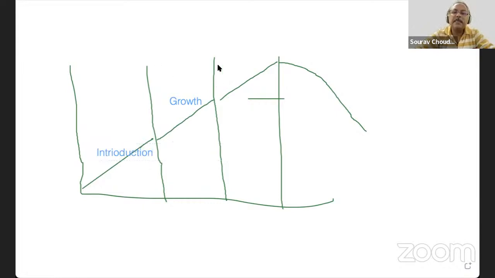Again, I come here, I say maturity and saturation. Okay. And then finally, यहाँ पर एक stage है जिसको बोलते हैं decline. This is the life cycle of a product.